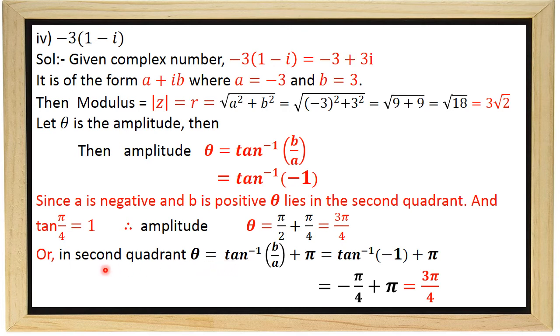Tan inverse 1 is pi upon 4, that is, at 45 degrees tan has the value 1, and it is minus 1, so we will take minus pi upon 4 plus pi. On simplification we will get 3 pi upon 4.